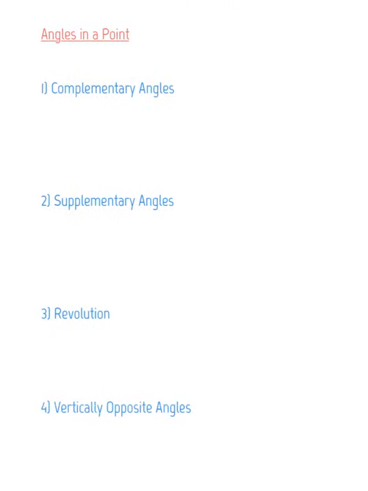So angles at a point, the very first angle type is called complementary. This is when the angles sum to 90 degrees. For example, if I have this over here, that's 90 degrees.